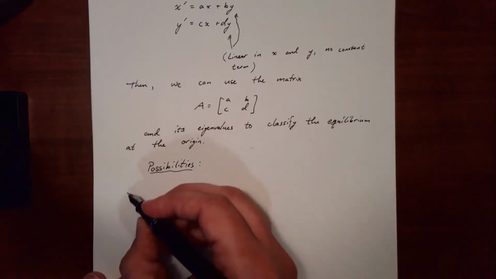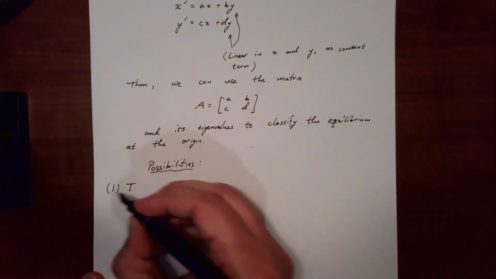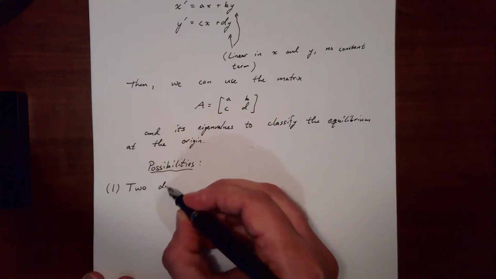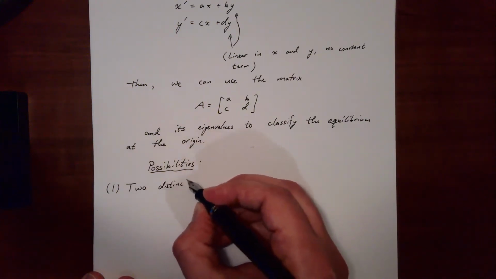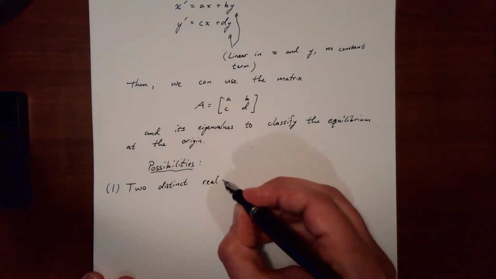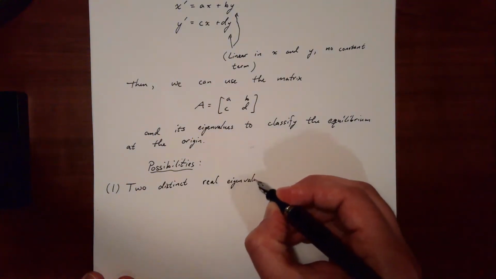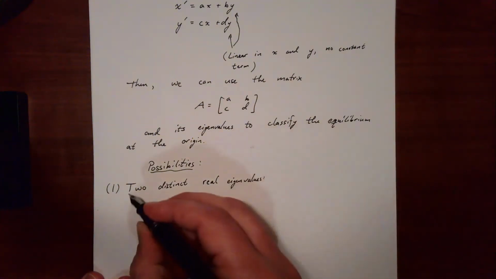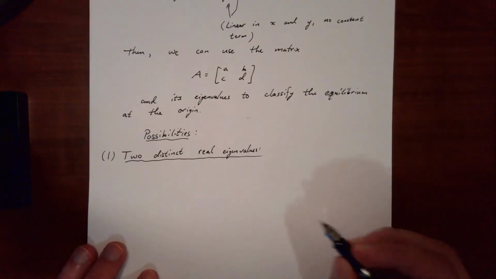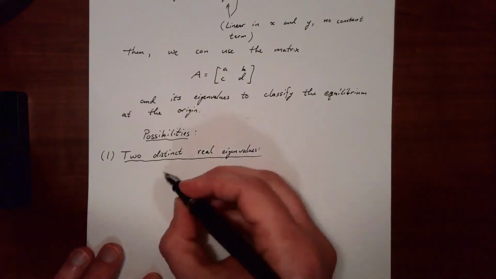So first big heading is two distinct real eigenvalues. And if you remember, we broke those down into both positive, both negative, or one each.